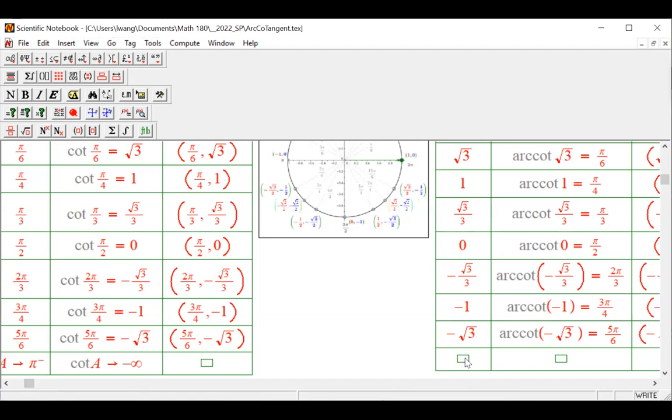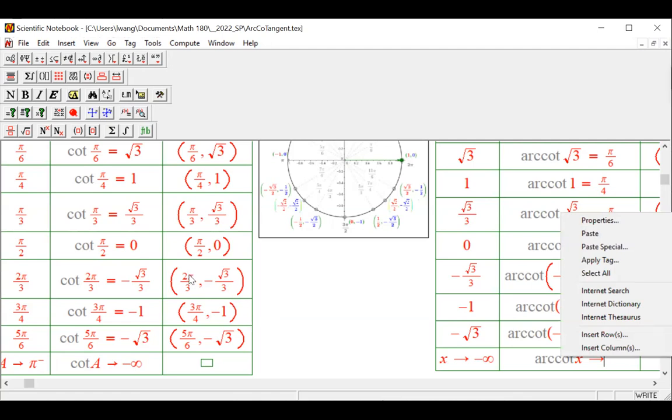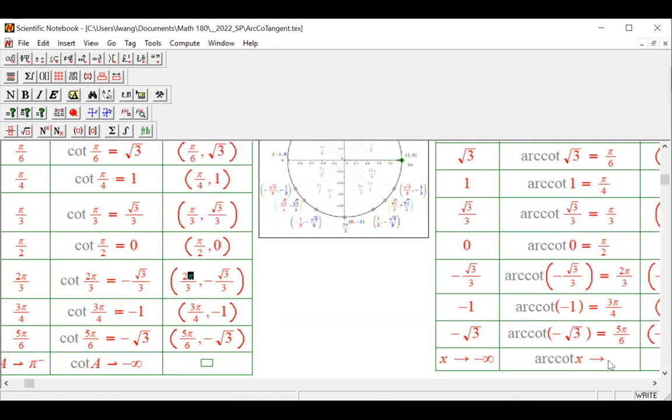So now my ratio approaches negative infinity, and the ArcCotangent angle, the output is an angle, is going to approach pi from smaller than pi.